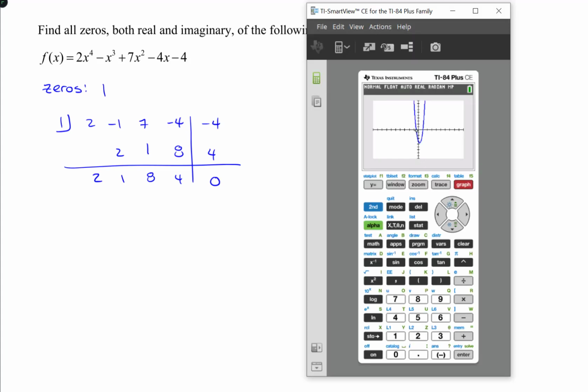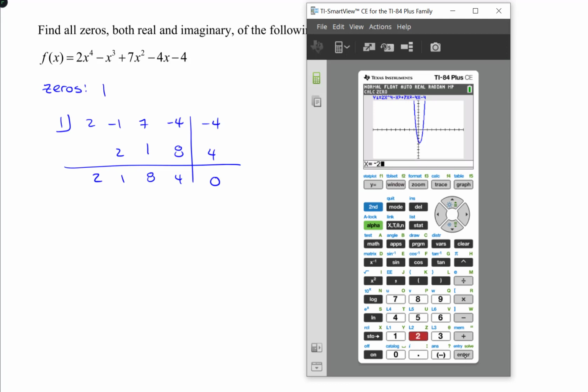Now this other 0 right here, it isn't quite so clear. It looks like it might be negative 1/2. If you want to find out for sure, you can hit second and calc, and then come down here to the zero function. And what it wants are 3 input values. So it wants to know boundaries that surround the 0.